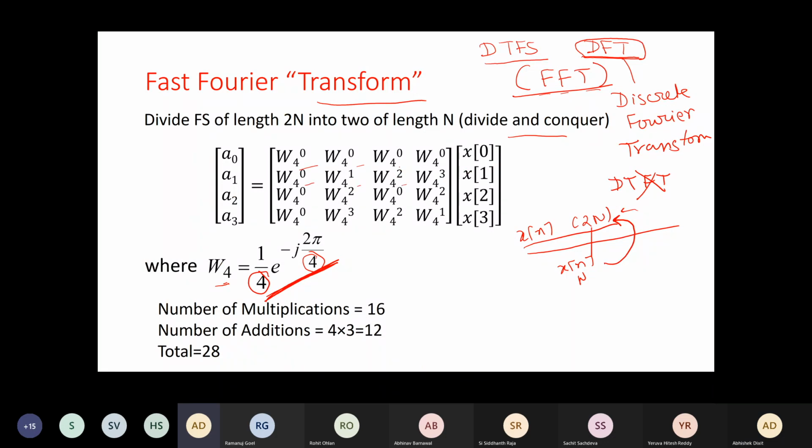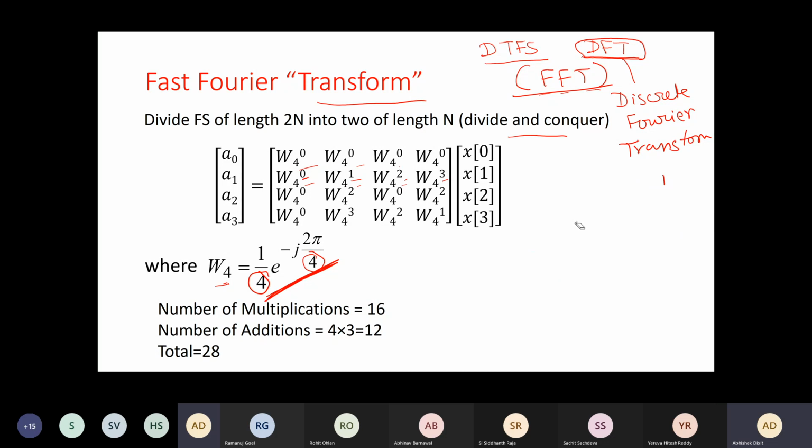Fine. So remember that this 0, this 1, this 2, and this 3, what would it be a function of? So there are two things playing in, right?